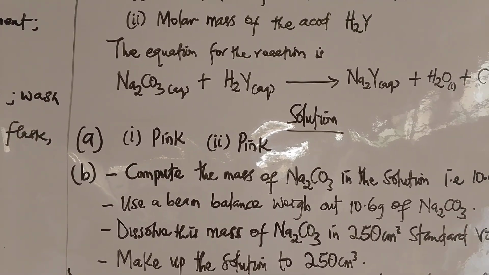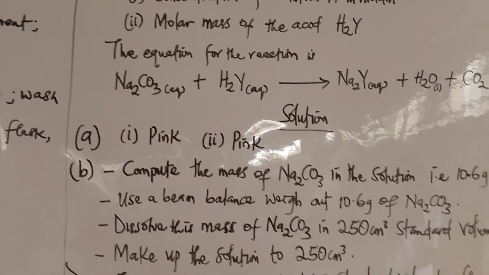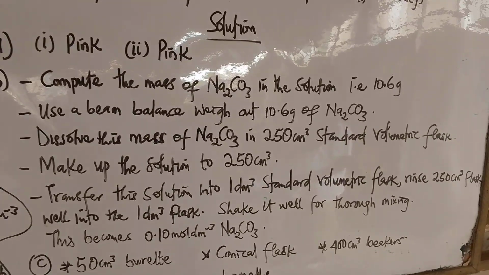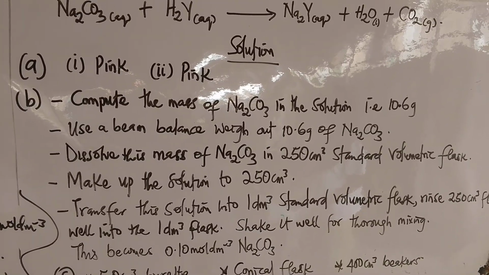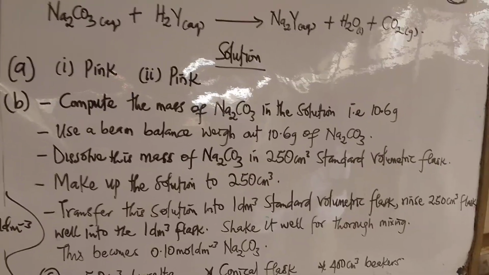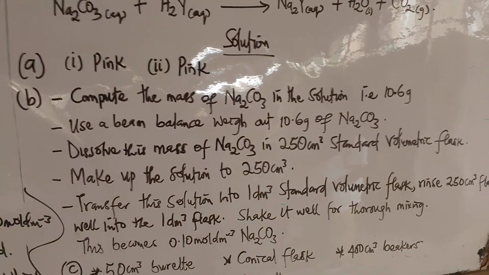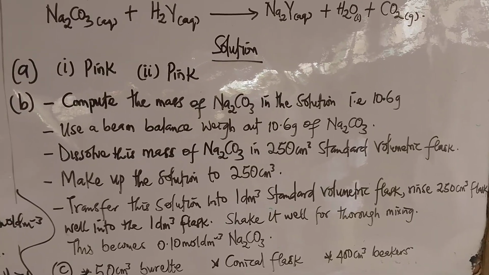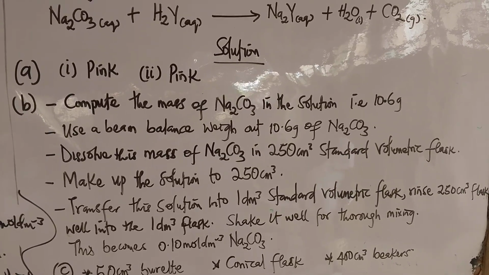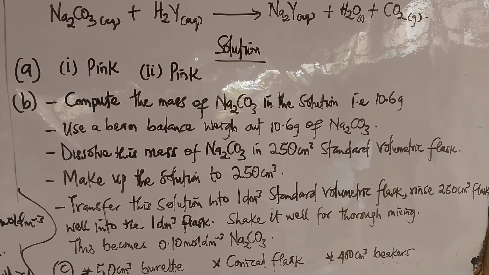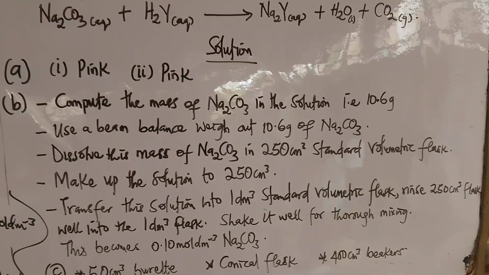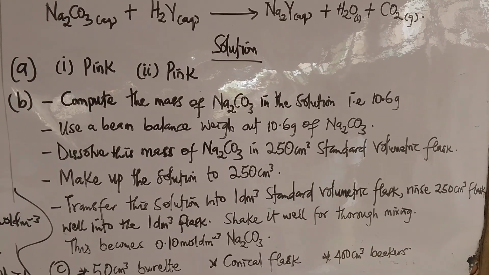Then B part, outline the procedure suitable for preparing 0.1. So we are not preparing 1.0 mol per dm cube. We are preparing 0.1 mol per dm cube sodium trioxocarbonate 4. So we have to just prepare that. So how do we do it?